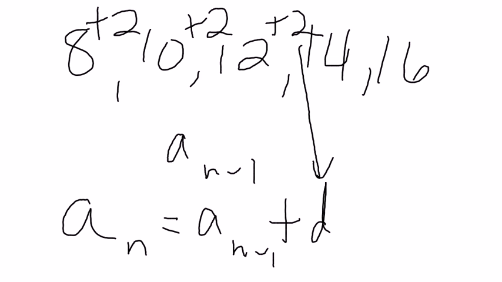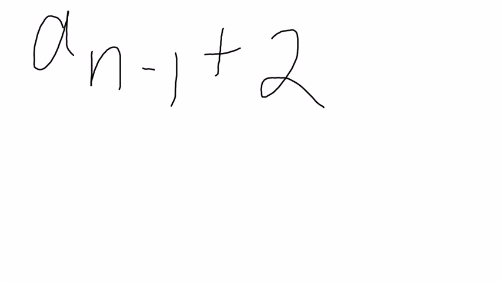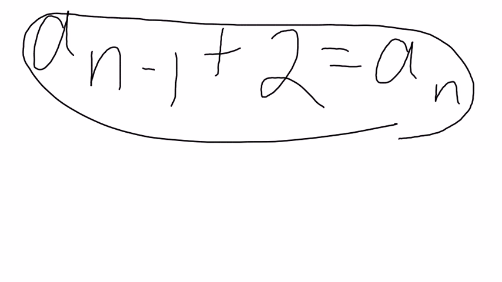So we're going to drop 2 in there, and we get a n equals a n minus 1, that means the one before it, plus 2 is our formula for the sequence. So that means to get, say, the third term, you take the previous one and you add 2 to it, and that'll give you the next one.